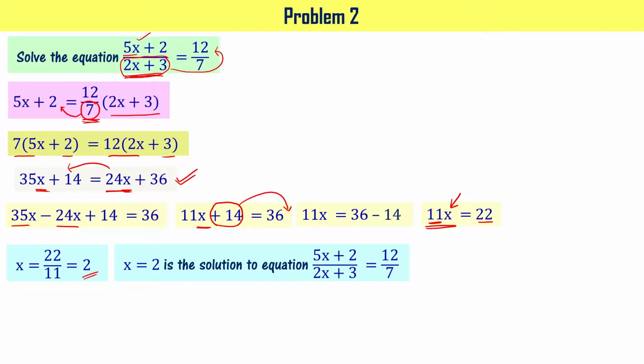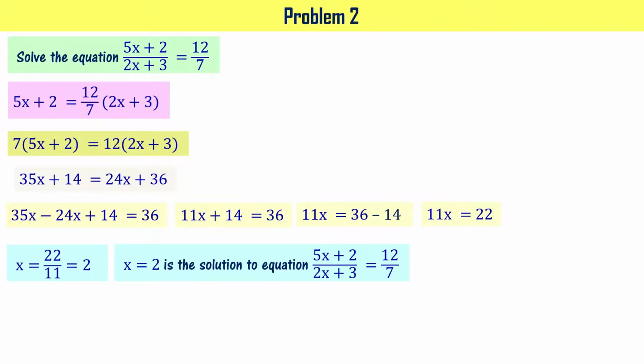(5x plus 2) divided by (2x plus 3) equal to 12 by 7, right? You may recall, take a look at this. We have the given equation as (5x plus 2) divided by (2x plus 3) equal to 12 by 7, right?